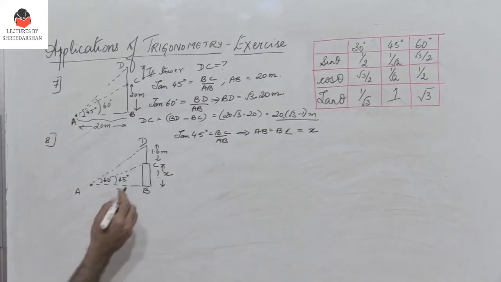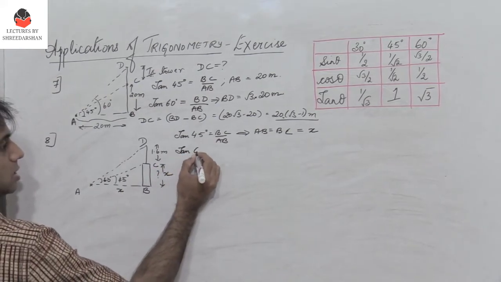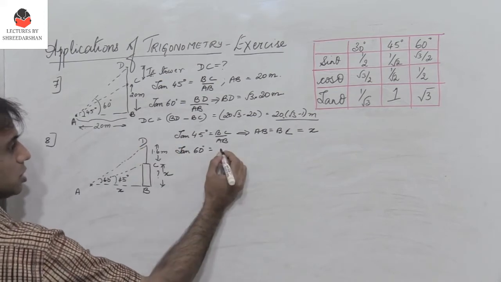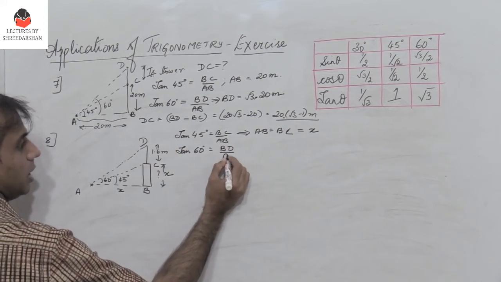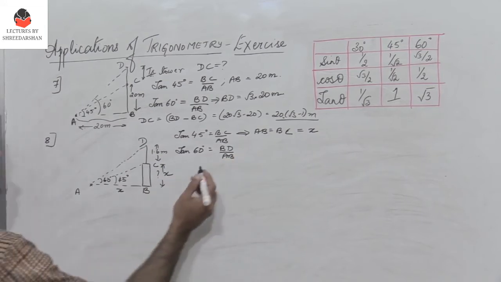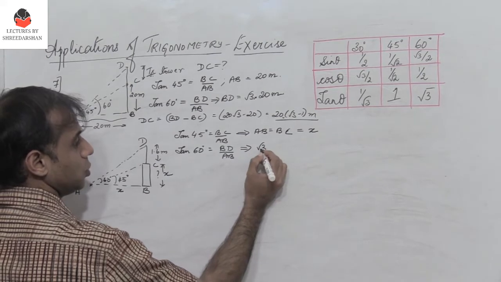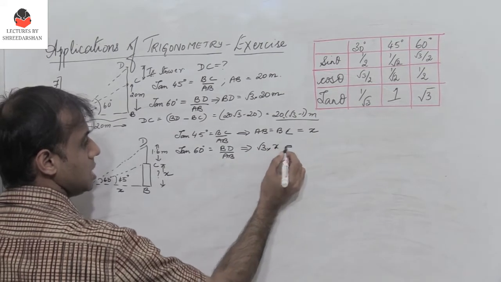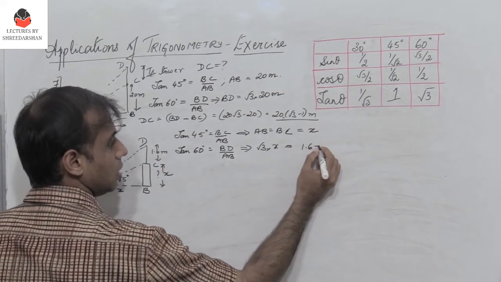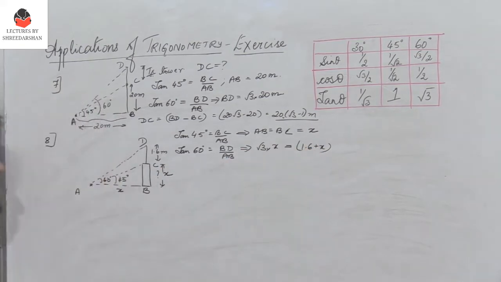Alright, so now tan 60. What is tan 60? It is the opposite side, which is BD, divided by AB. Tan 60 is root 3. So I have root 3 into AB, which is x, equals BD. BD is 1.6 plus x, isn't it?